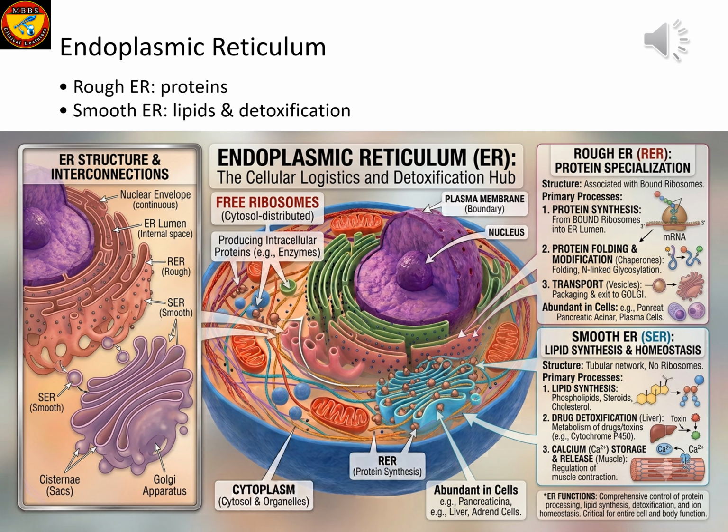Highly developed in pancreatic cells and plasma cells. Smooth ER has no ribosomes. Functions: lipid synthesis, steroid hormone production, drug detoxification, calcium storage in muscle cells. The smooth ER is abundant in liver and adrenal gland cells.